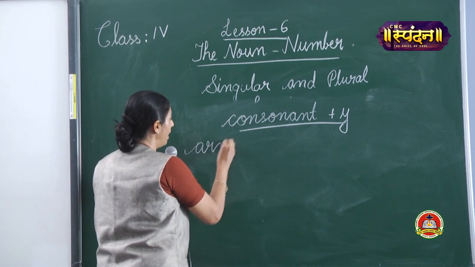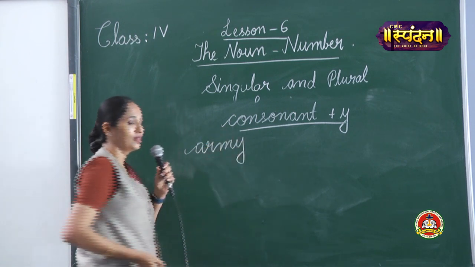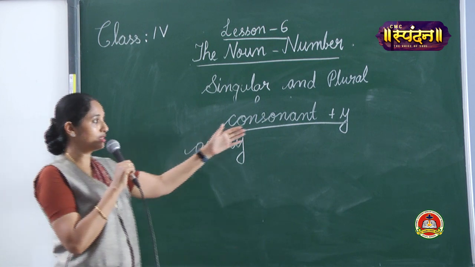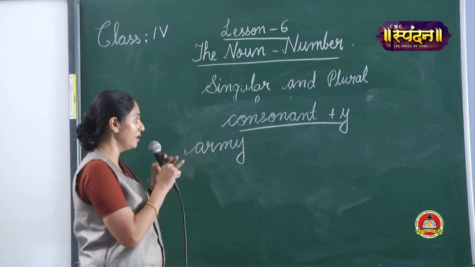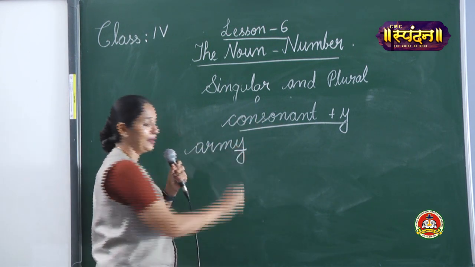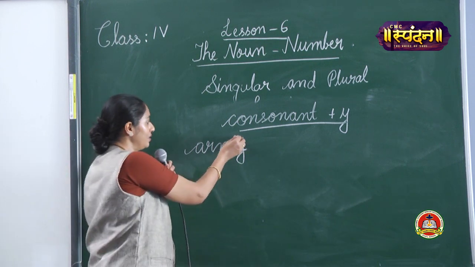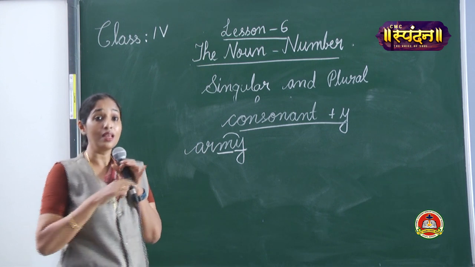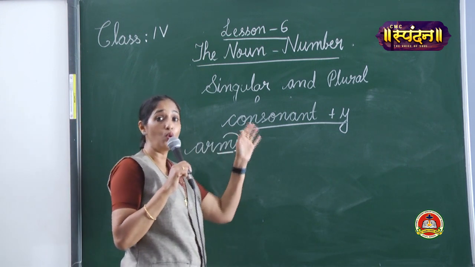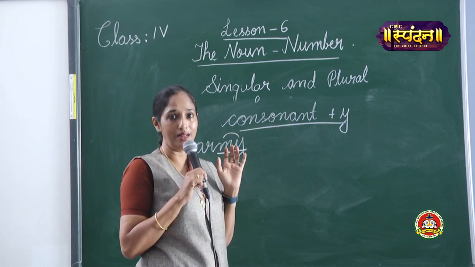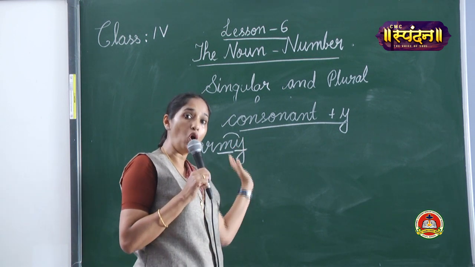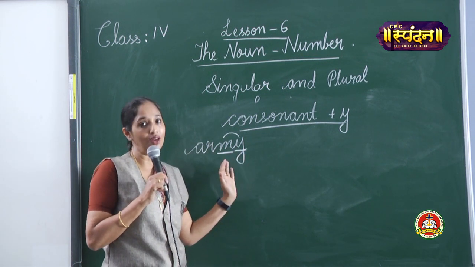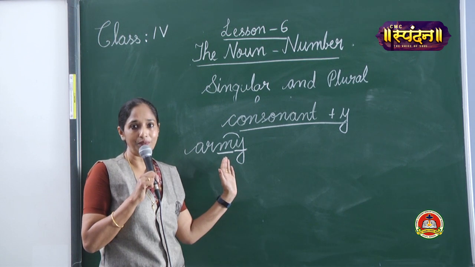Look at the word army. Now let me explain what a consonant is. Army, the word ends in y, and it is preceded by a consonant, m. A, E, I, O, U are vowel letters. The rest of the alphabet in English are consonants.